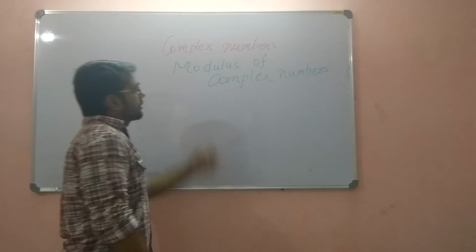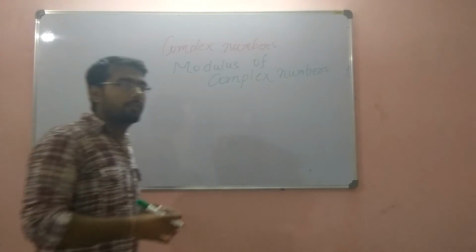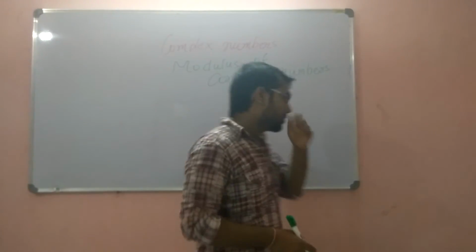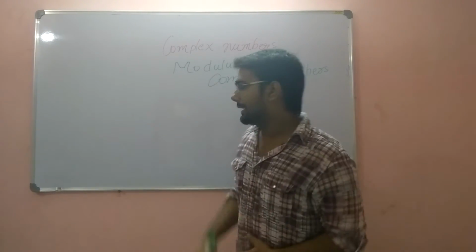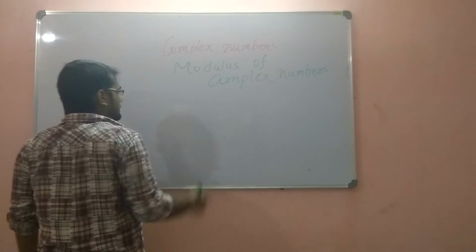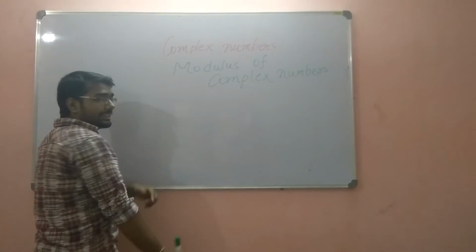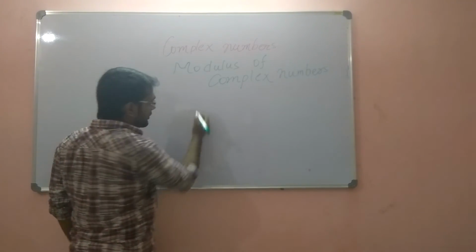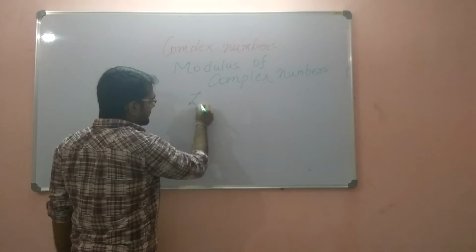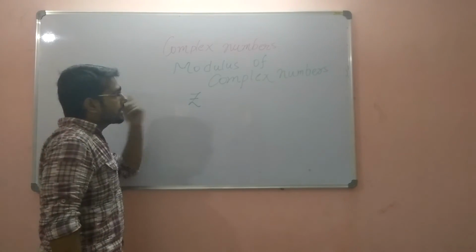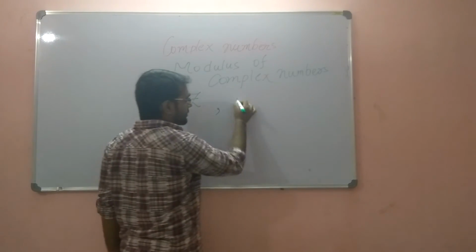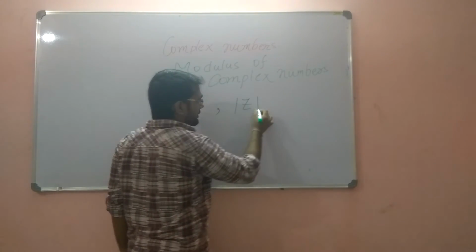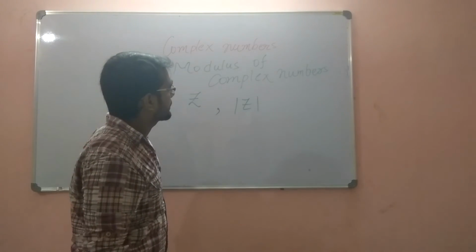So what is the modulus of a complex number, right? The modulus of a complex number is represented as, suppose we have a complex number z, then its modulus will be represented as mod z, like this.